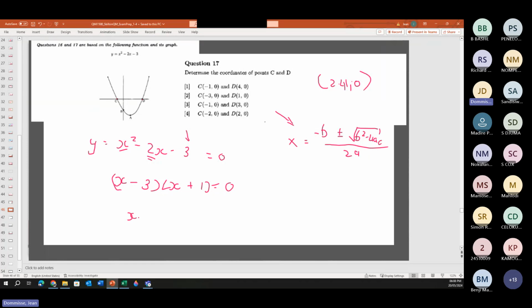So x is equal to 3, so that would be 3 and 0, or x is equal to minus 1, so that will be minus 1 and 0.